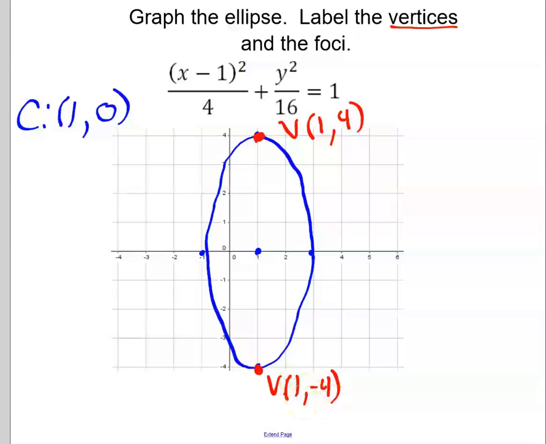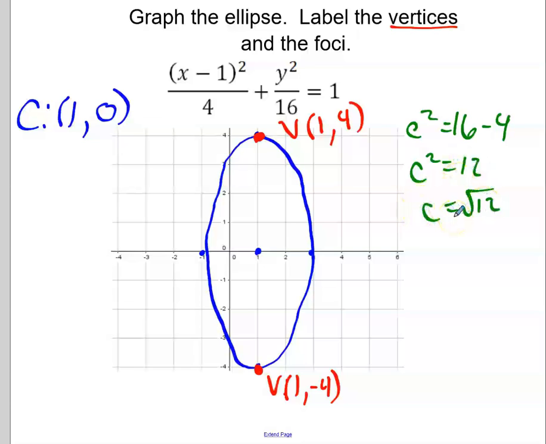Lastly, we need to find our focal points. So we find that c squared. We take the a squared, which is the bigger of the two denominators, 16, minus the b squared, which is the smaller of the two. So our c squared is equal to 12, which makes our c the square root of 12.